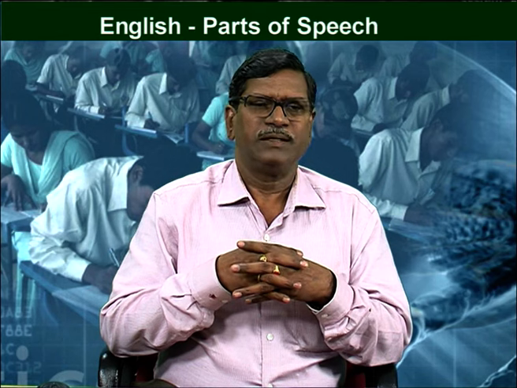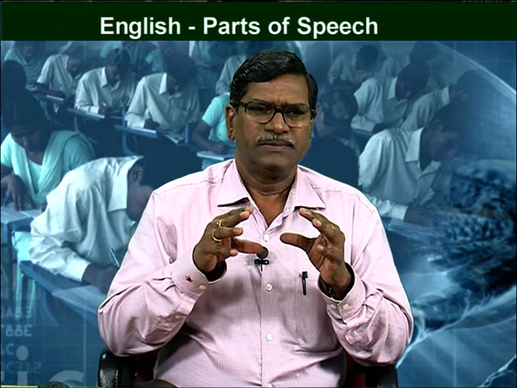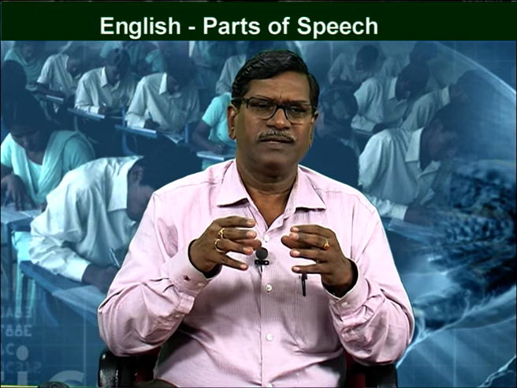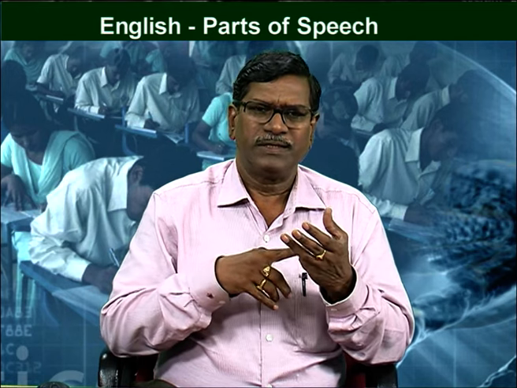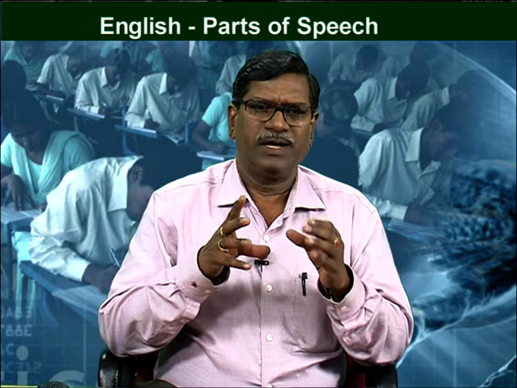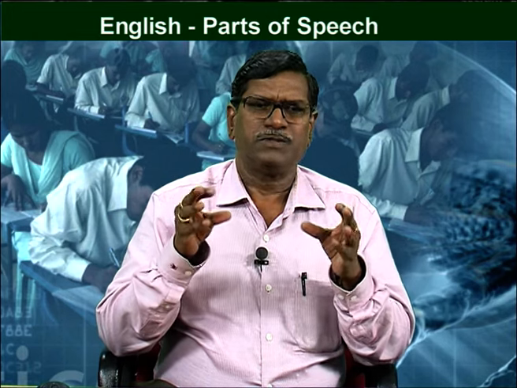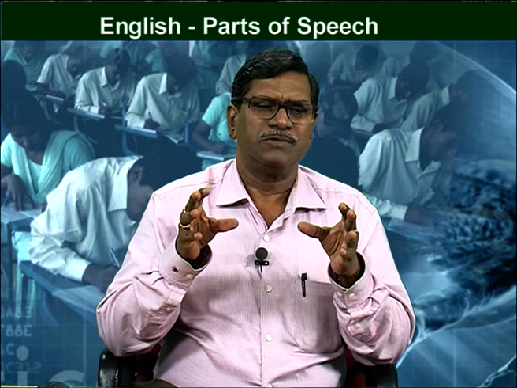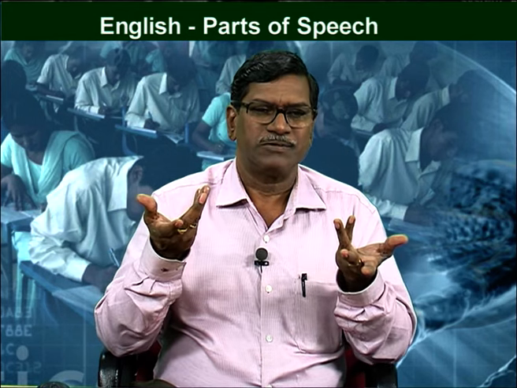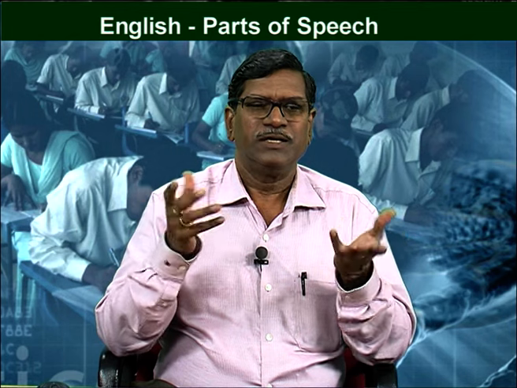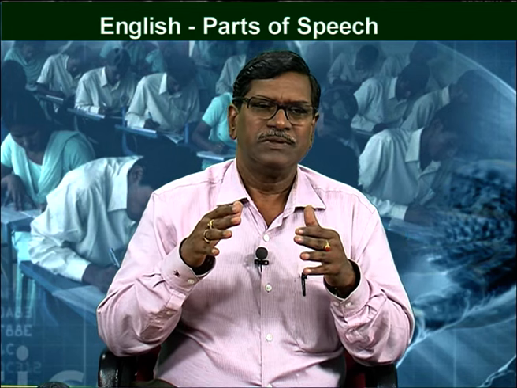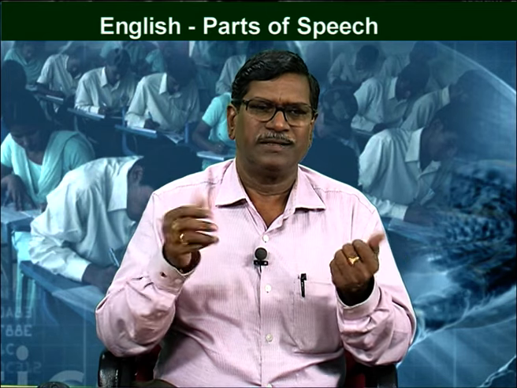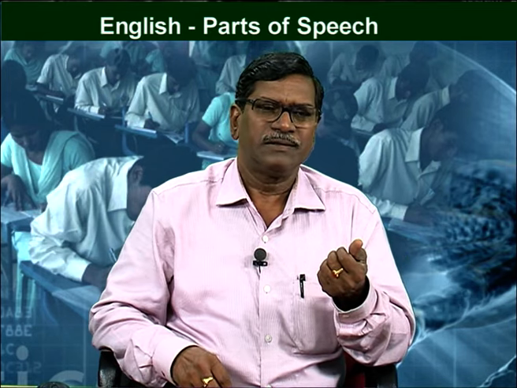So, that way you may be asked questions to identify the material nouns, the collective nouns, proper nouns and common nouns and abstract nouns. So, that way nouns are divided into 4 plus 1, 5 varieties. What are they?